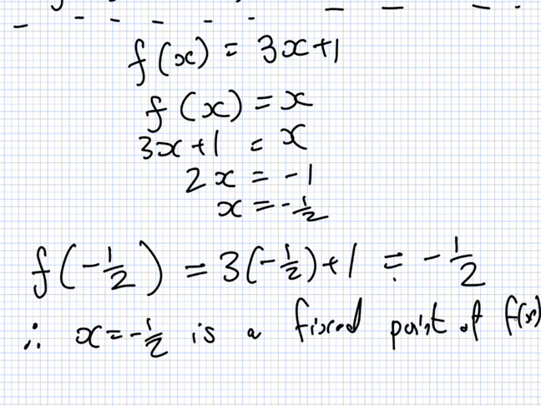So what's exactly the meaning of these fixed points? Well, they're interesting because they are numbers that when you put them into the function, they don't change. So if you put minus a half into f, out comes minus a half. So they're special numbers, numbers which are left unchanged by the function.